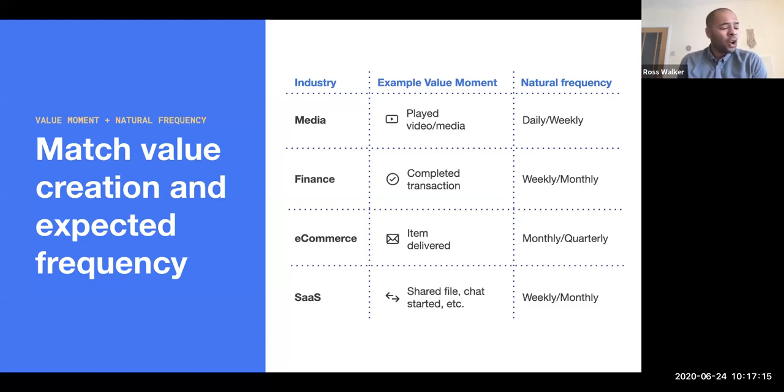When you combine this with the natural frequency, so how often users complete these actions, it's really going to help you identify the focus metrics that will aid your product team in getting answers to those questions, and in building the products and features that align to the product analytics strategy and can ultimately help you innovate in the market.